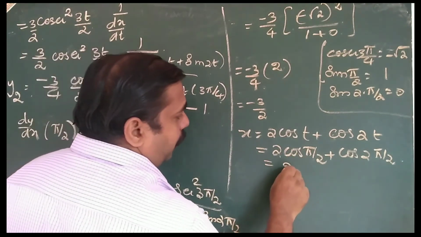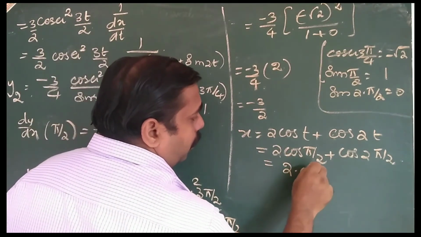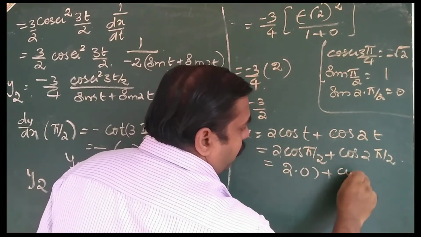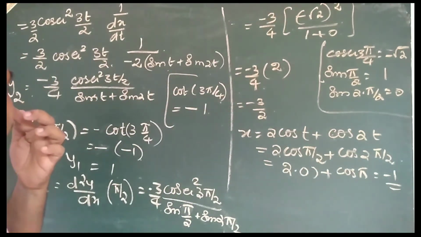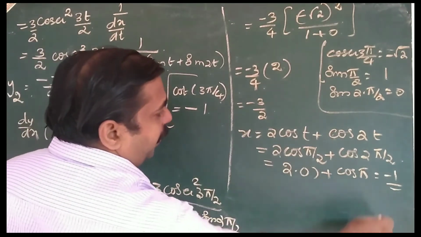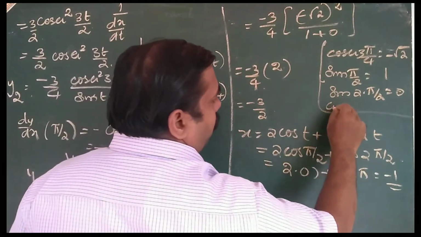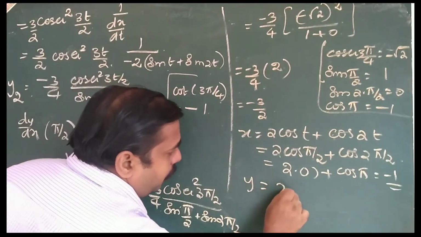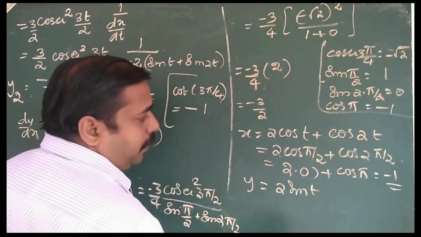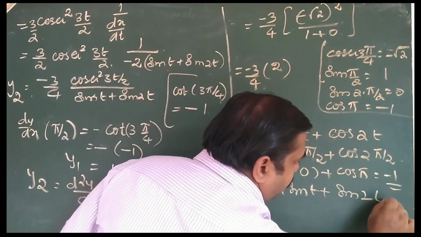That is 2 into 0 plus cos pi, equal to minus 1, because cos pi is equal to minus 1.